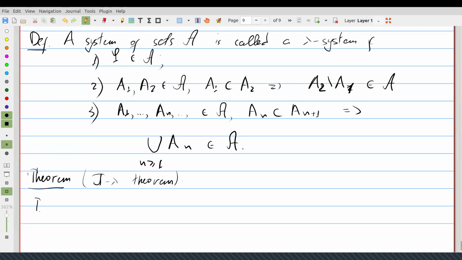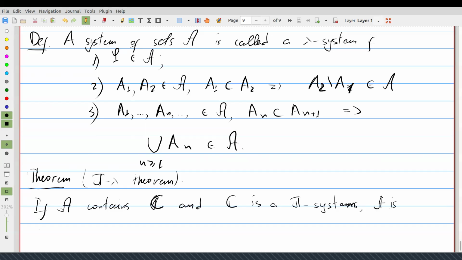And it says, if a system of sets A contains another system of sets, let's call it C, and C is a P system, and A is a lambda system, then the smallest sigma algebra generated by C is included in A.